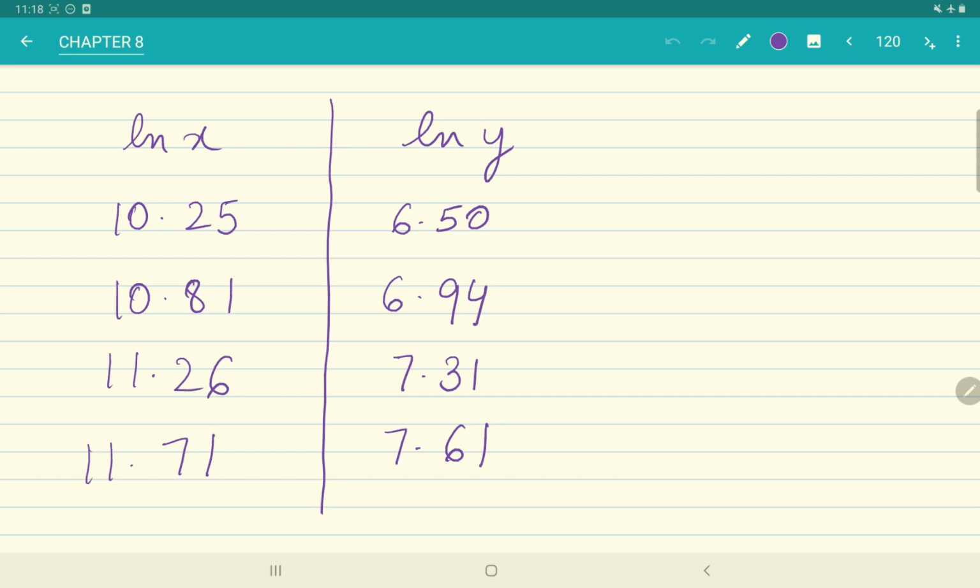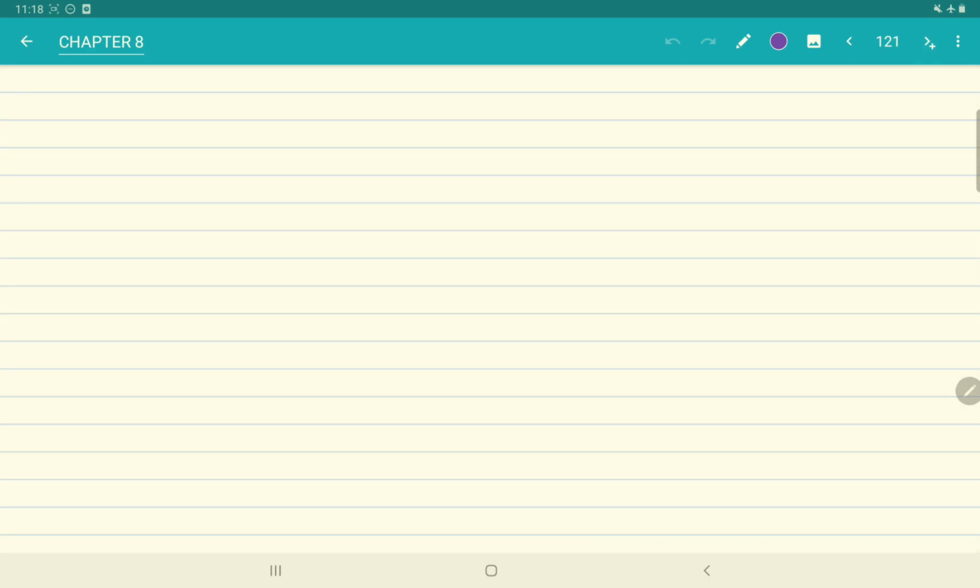And that means clearly ln x and ln y are related to each other in a linear fashion. So the equation of that line will have this form: ln y is equal to ln a plus little a ln x.